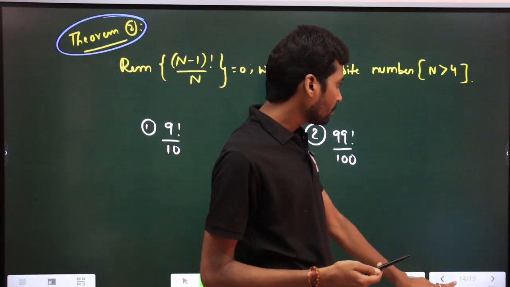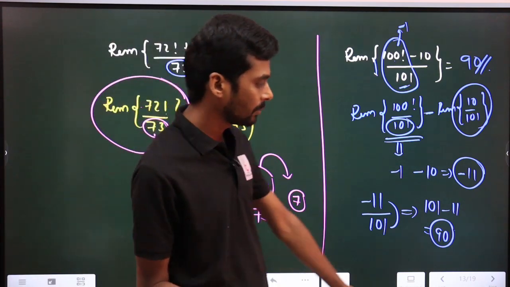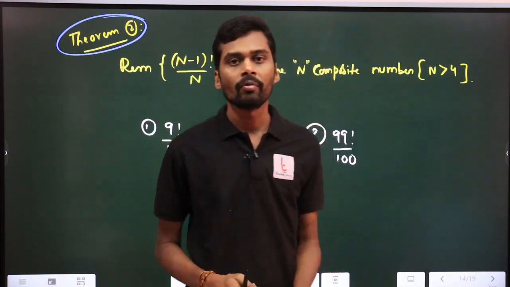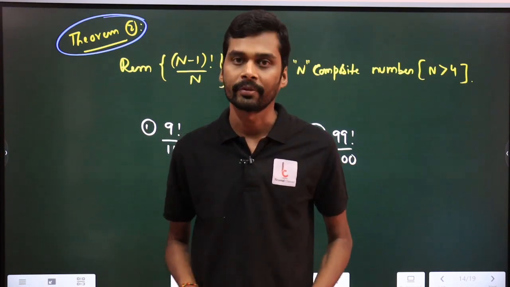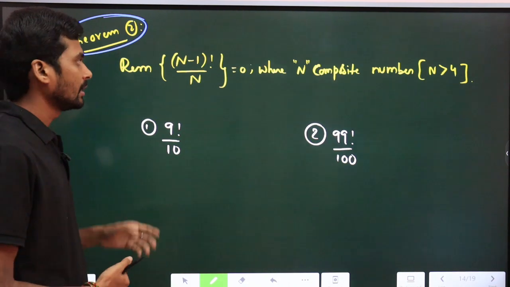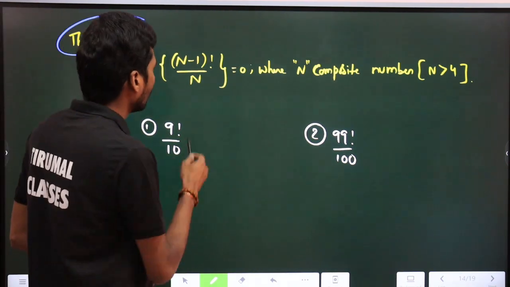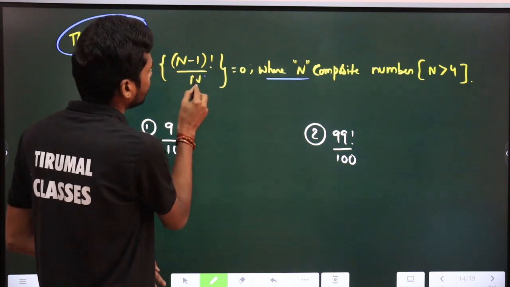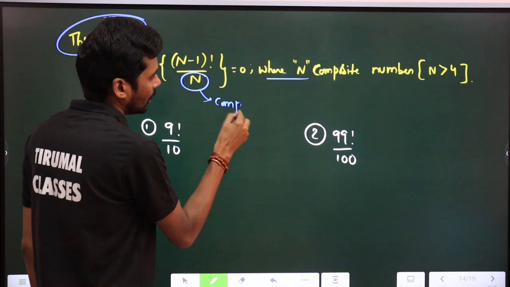In the previous problem, the condition is that the denominator must be a prime number. Now we have problems where the denominator is a composite number. If the composite number is given, then the rule is: the remainder of (n minus 1) factorial by n, where n is a composite number.